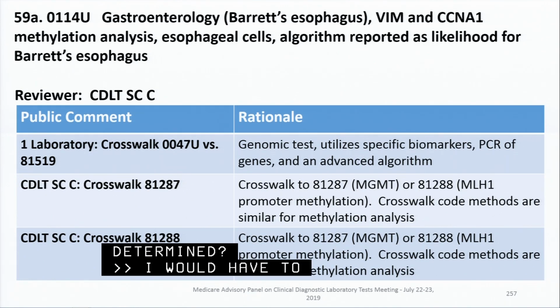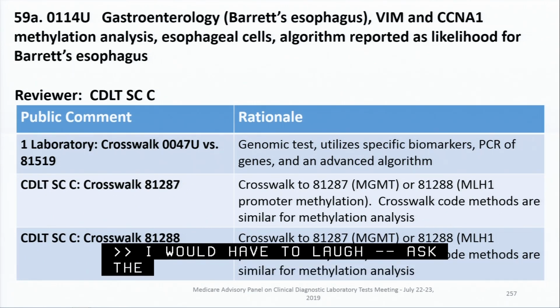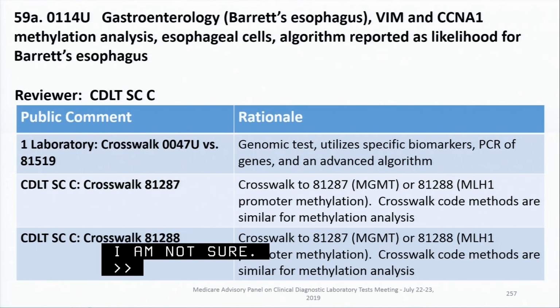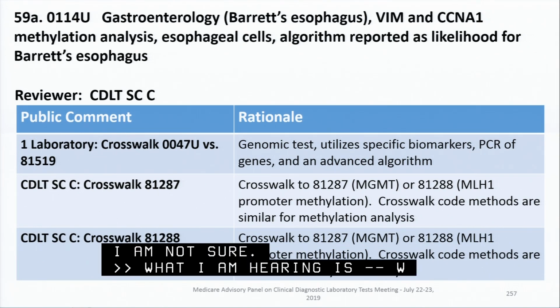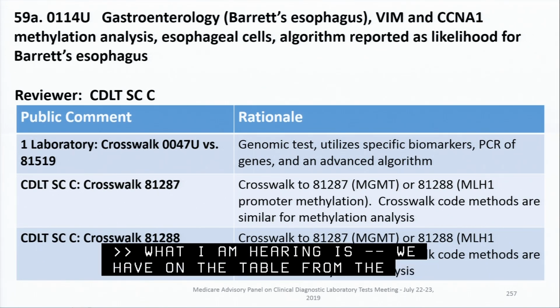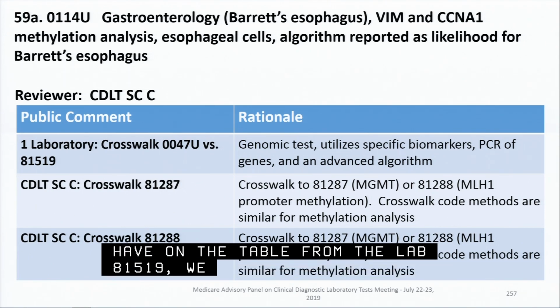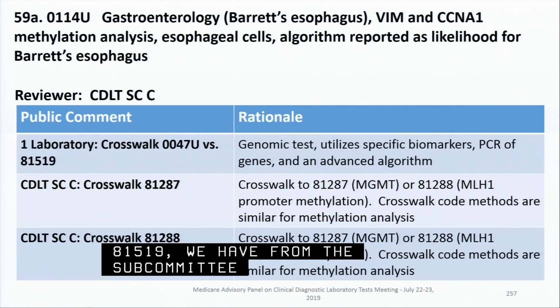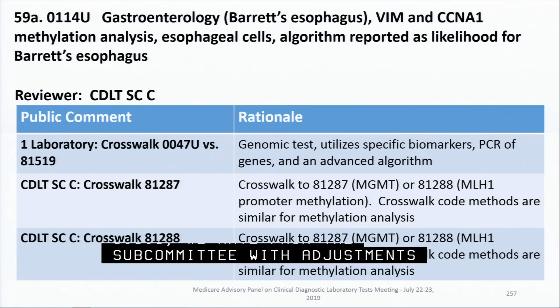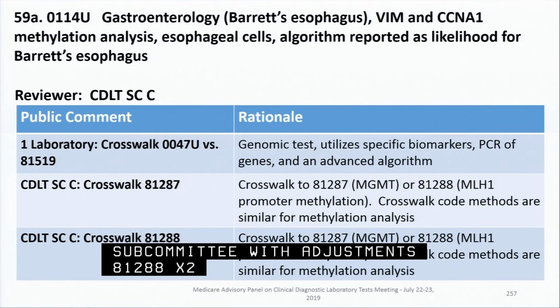So what I'm hearing is the following. We have on the table from the lab 81519. We have from the subcommittee with adjustments 81288 times 2 and 81287 times 2. Do we have any comments from the folks on the phone?